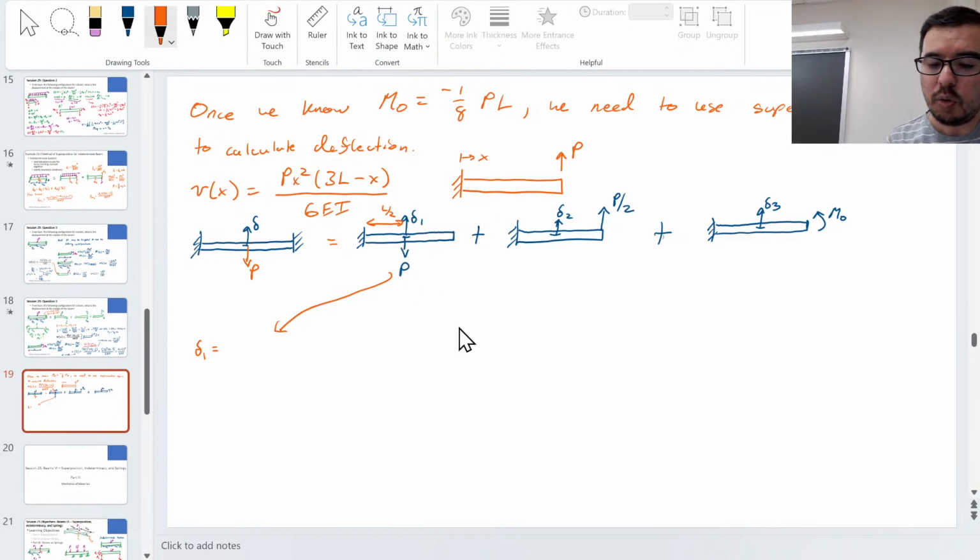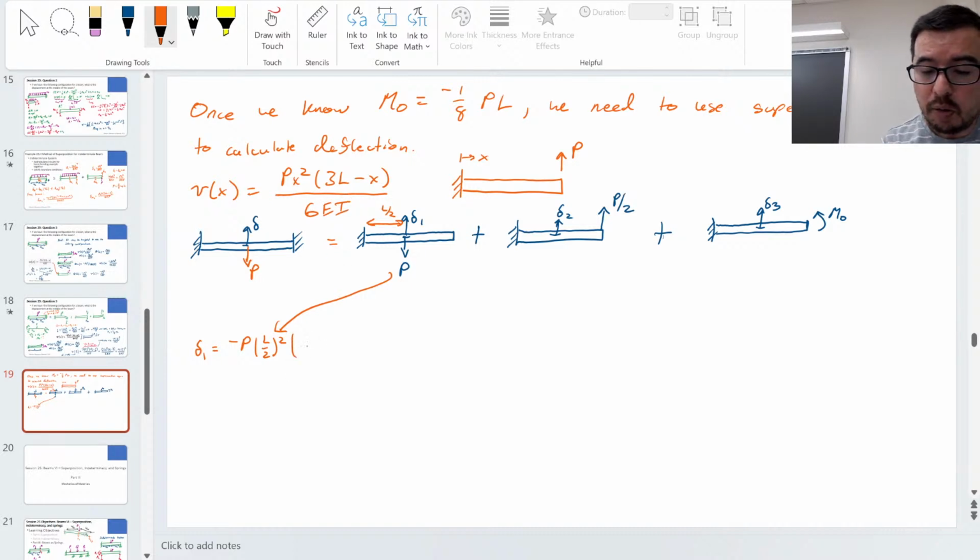So what I can do is say I've got a minus P, because it's a full load P. I'm at a length L over 2, so I plug in x equals L over 2. This x is position, this L is length.